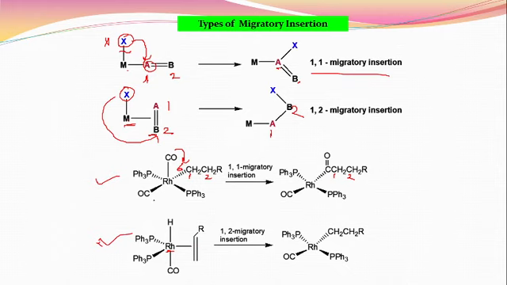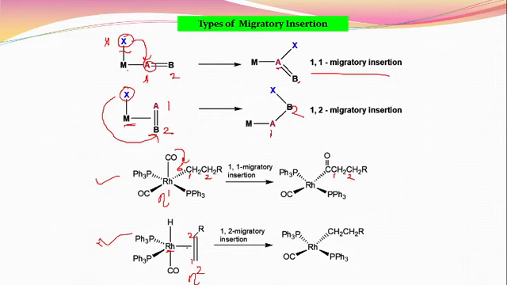Here in this case this has an eta 1 position, and here this has an eta 2 system. In coordination chemistry you already learned what eta 1 and eta 2 are. Here these two atoms have the same distance from the central metal, and that's why this is the eta 2 system. This is the one position of carbon and this is the second position of carbon.